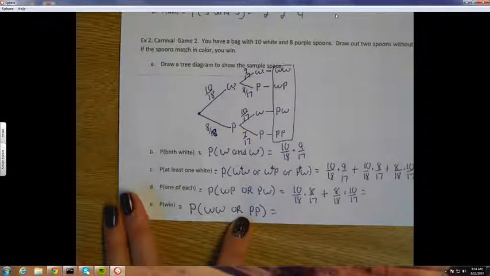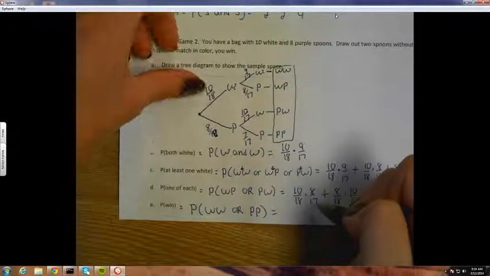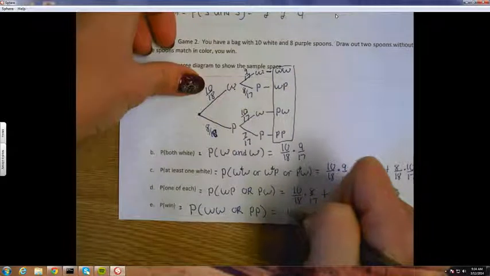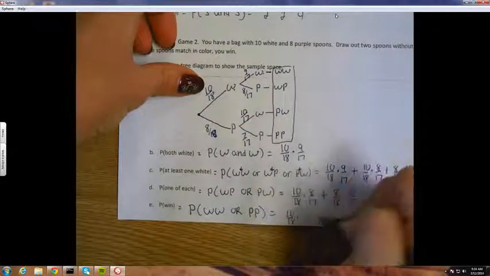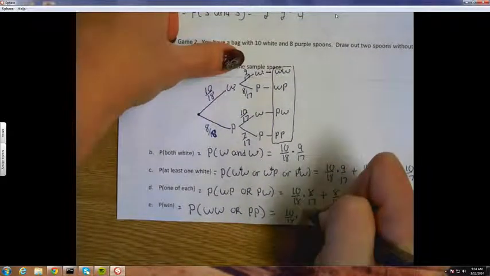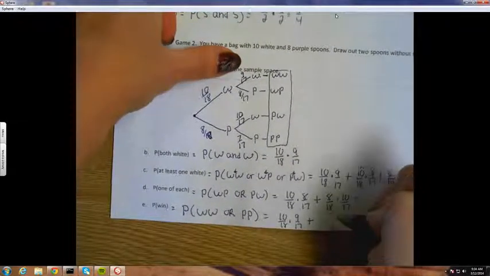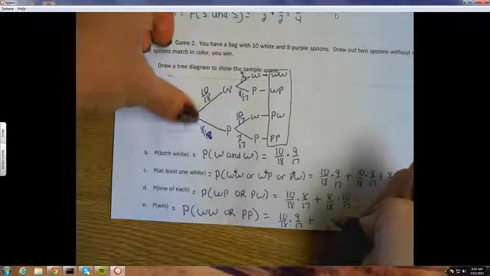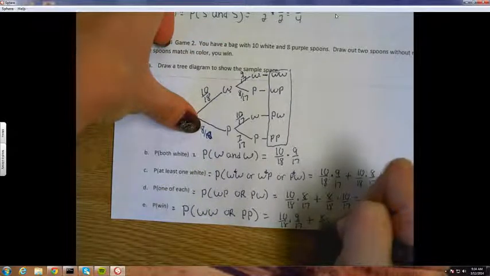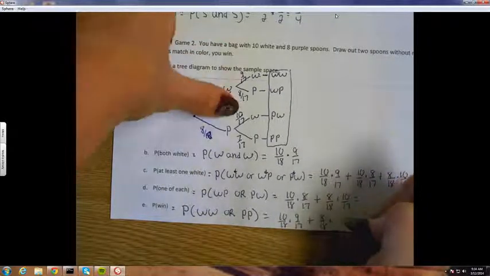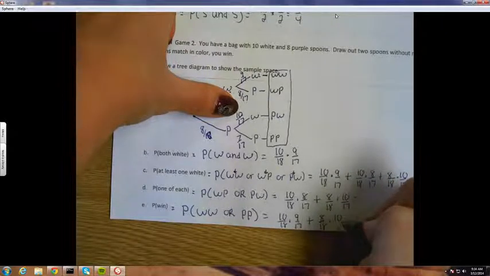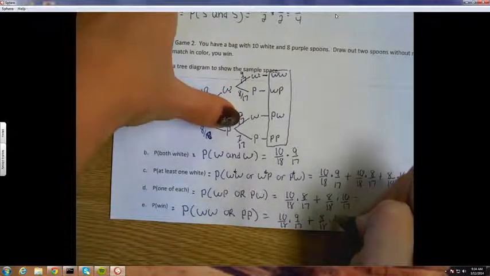So WW, 10/18, 9/17. Are you writing your own down, not bobbing your head up and down here? I hope so. 8/18, and purple, 10/17. Oh, wrong one, 7, I went down the wrong one, 7/17.